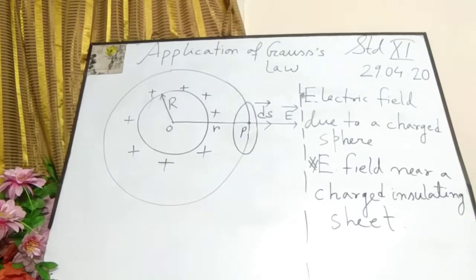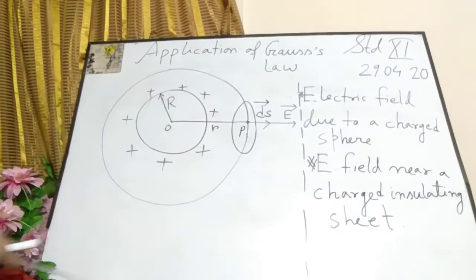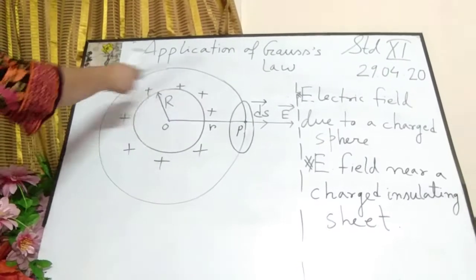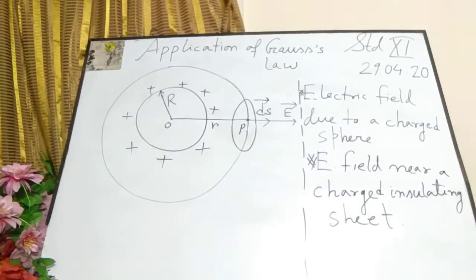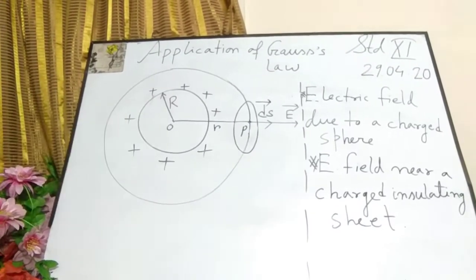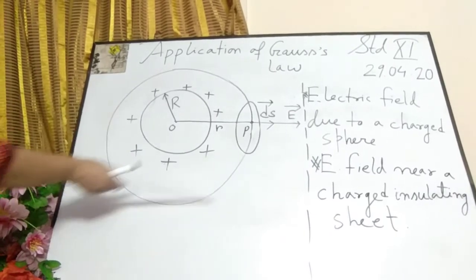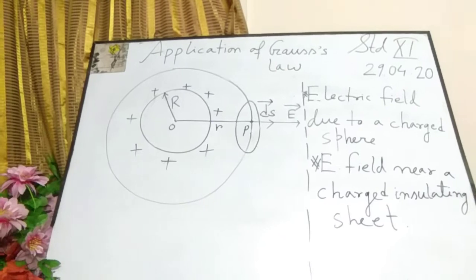So for finding out electric field intensity at point P, we have to construct a Gaussian surface. Okay, so this is a Gaussian surface whose radius is smaller. We will construct a Gaussian surface around this hollow charged sphere.